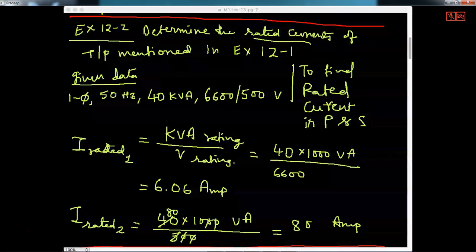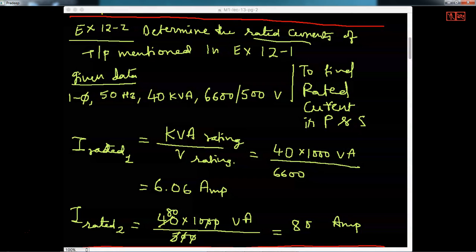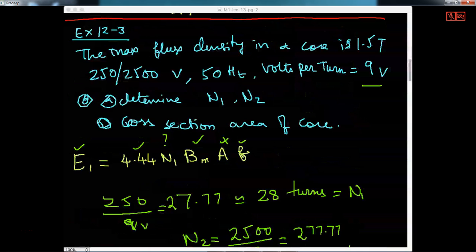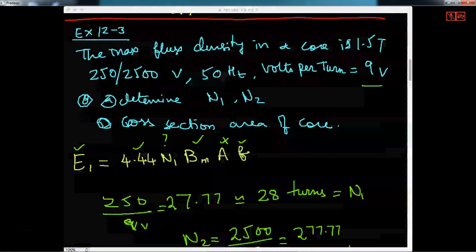Next is example 12.3. Now you should be able to see that. The maximum flux density in the core is 1.5 Tesla, for a 250 by 2500 volts, 50 hertz transformer. Volts per turn is 9 volts. Determine the number of turns.